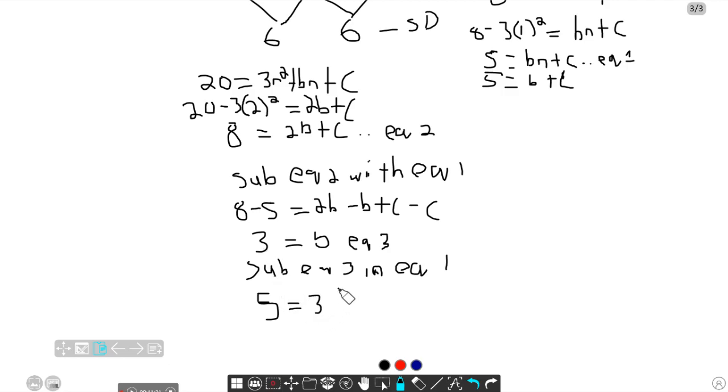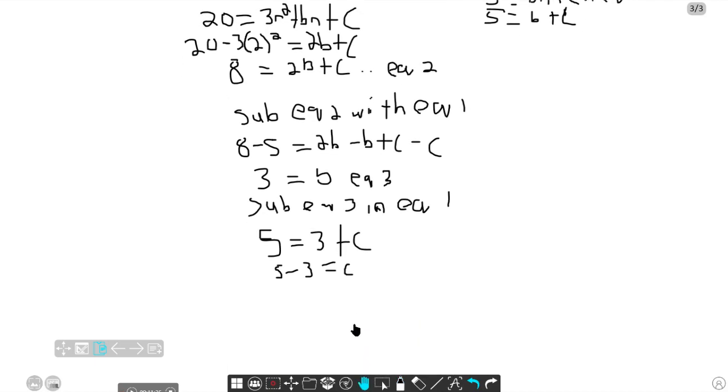So it's going to be 3 plus c equals 5. Now since it's positive, minus 3 equals c, which is 5 minus 3, it's going to be 2. So my 2 is equal to c.